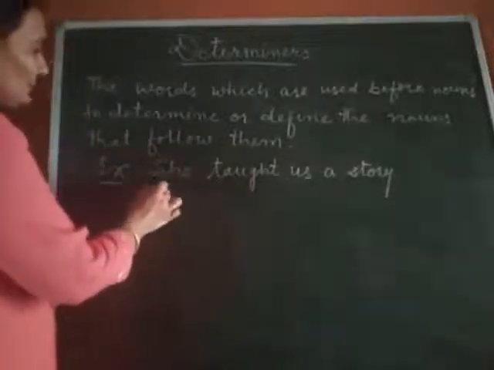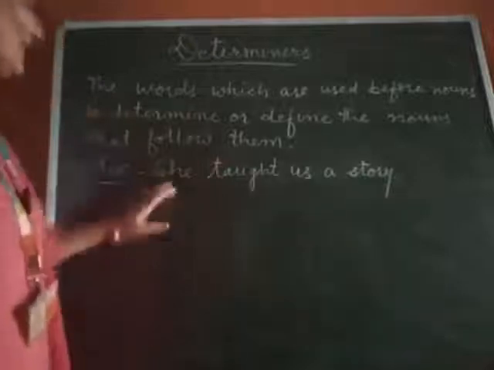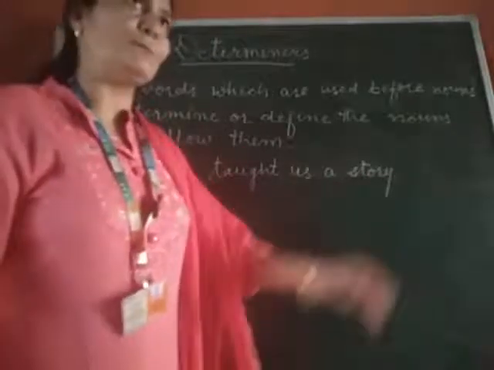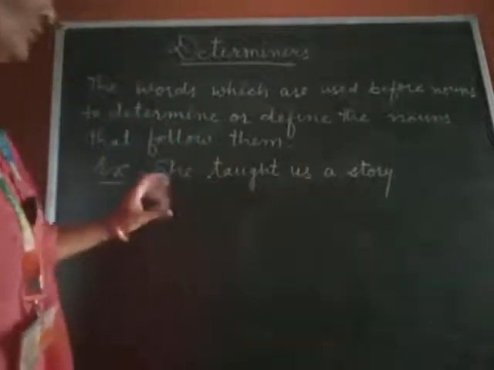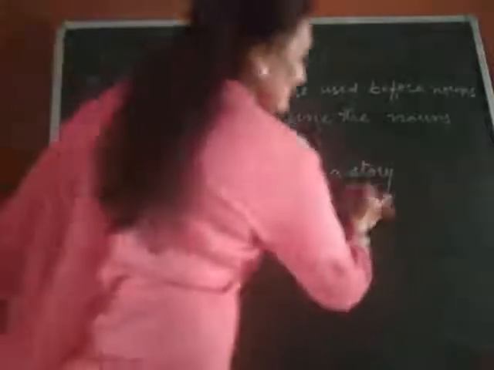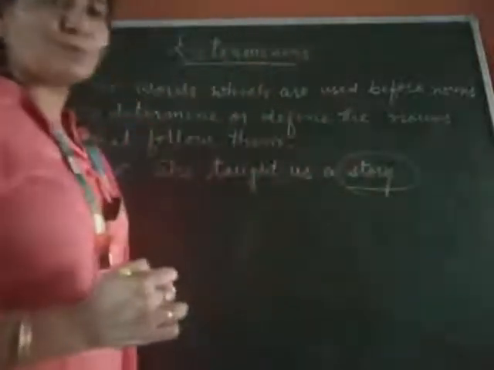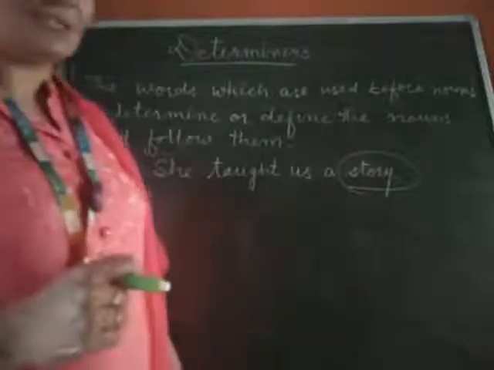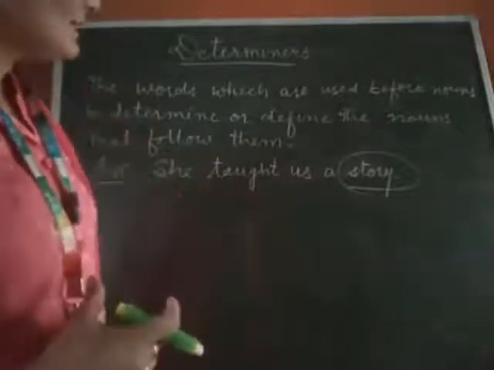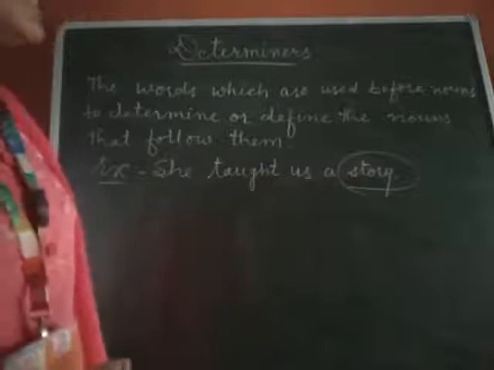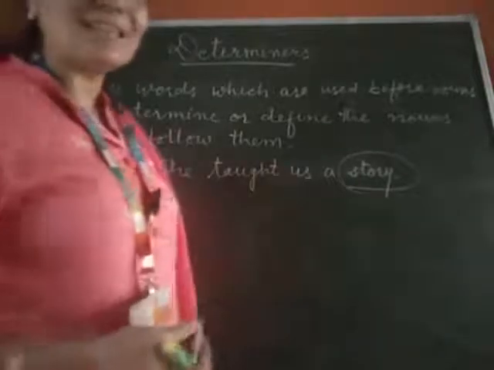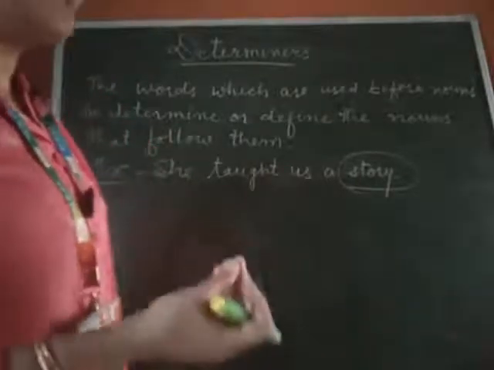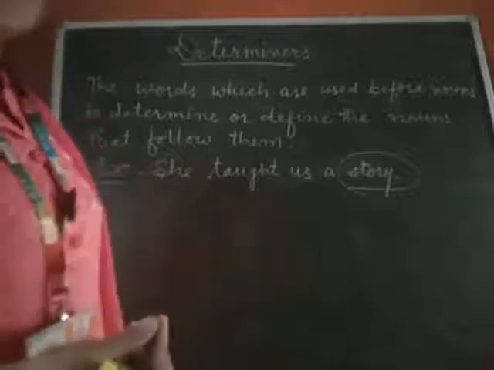So in this sentence I have written here, she taught us a story. So we should know about the noun. In this sentence there is a noun, story. Story is the name of an object, a thing. You know very well what a noun is. A noun is a naming word. The name of any person, thing, object, place is called a noun.